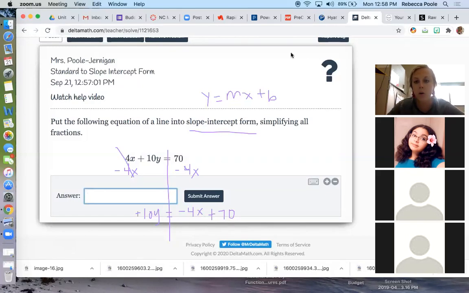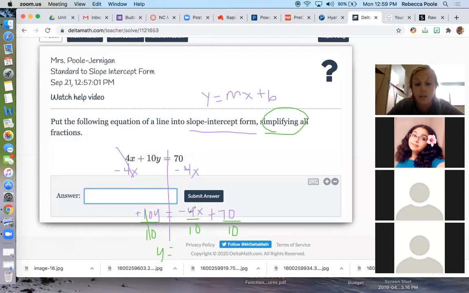All right, now what do I do to get y by itself? Divide by 10 by everything. Good, divide everything by 10. And then did y'all see in the directions where it said simplify all fractions? We got to simplify here. So this is going to be y equals, what number goes into 4 and 10? 2.